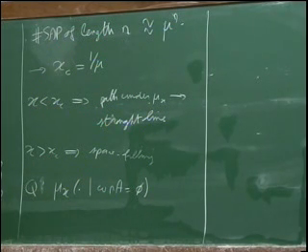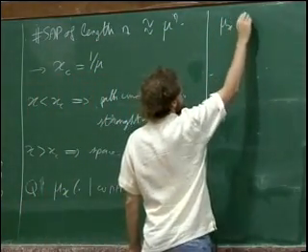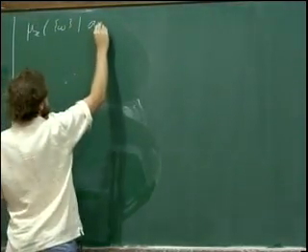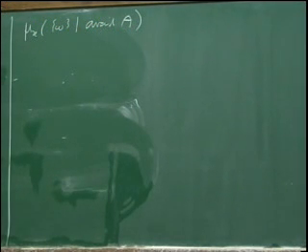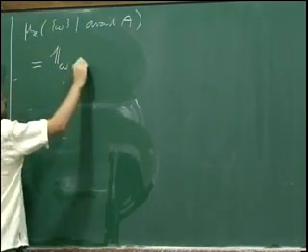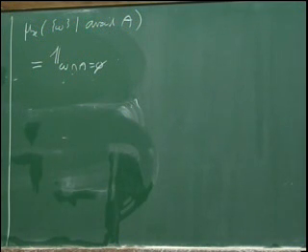Well, it's still a measure on a finite set, so you can compute the probability. So mu x of a given omega, given that you avoid A. Well, first of all, omega needs to actually avoid A. So that will be equal to the indicator function that omega intersect A is empty. And then there will be the measure of omega itself, which is still x to the length of omega, divided by z.